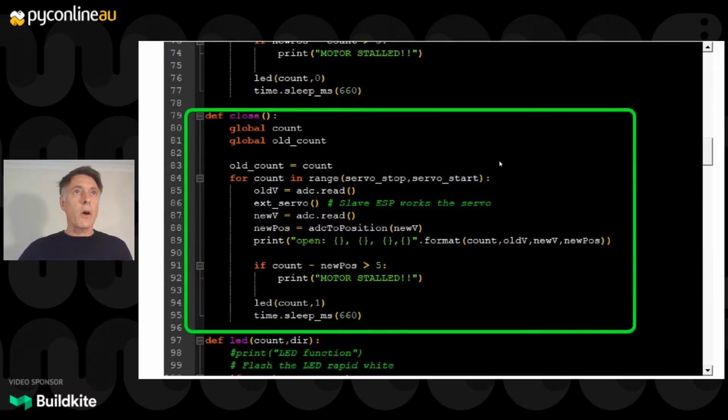So looking at the code, once again, the close function, I added a bit of extra stuff into here. And I added a function, this function here, external servo, that handles the pulsing from the master to the slave.